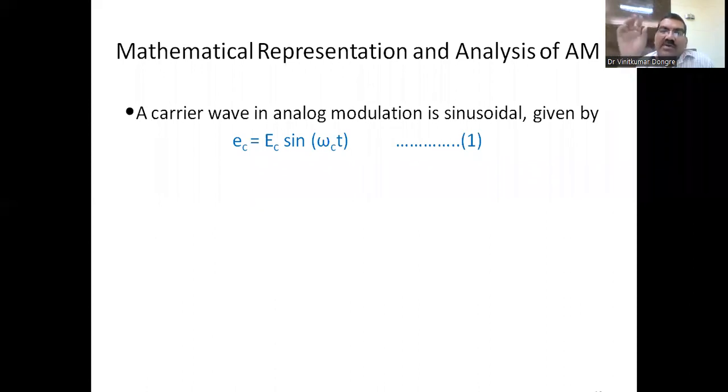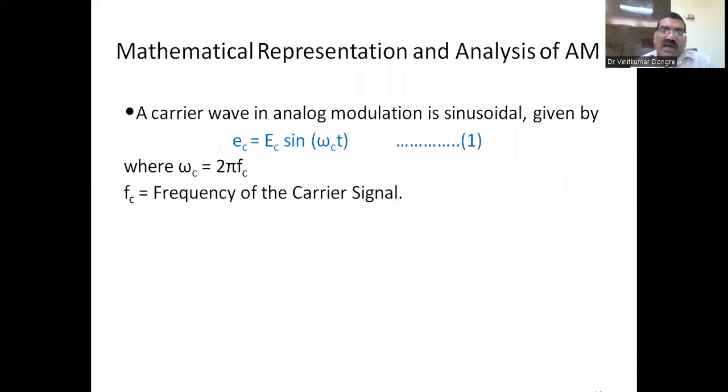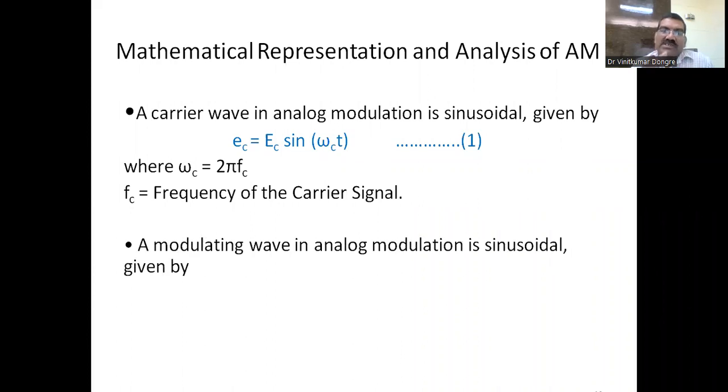So ec = Ec sin omega c t. This is the carrier, a high frequency signal. Omega c is the angular frequency, represented as 2 pi fc, where fc is the frequency of the carrier signal. This notation fc will remain constant throughout the subject.